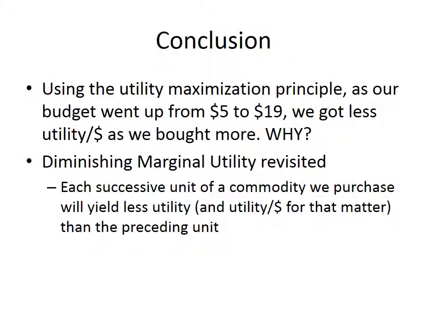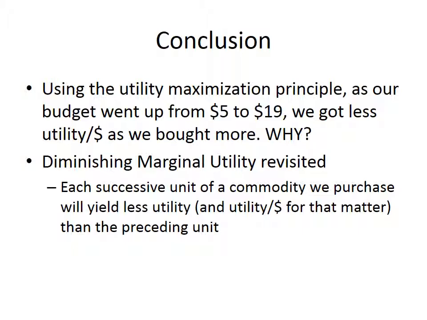The conclusion we draw from this, okay, using the utility maximization principle, as our budget went up from $5 to $19, we got less utility, overall total utility, we got less utility per dollar. We get less utility per dollar as we buy more. Why is this the case? Let's look back at one of the original things.